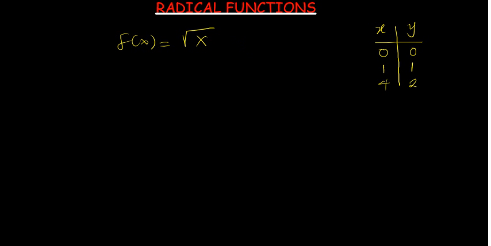So this we can sketch now, from the data that we have collected. So we have got x and we also have y. We have got 0, 0, and then we've got 1, 1.